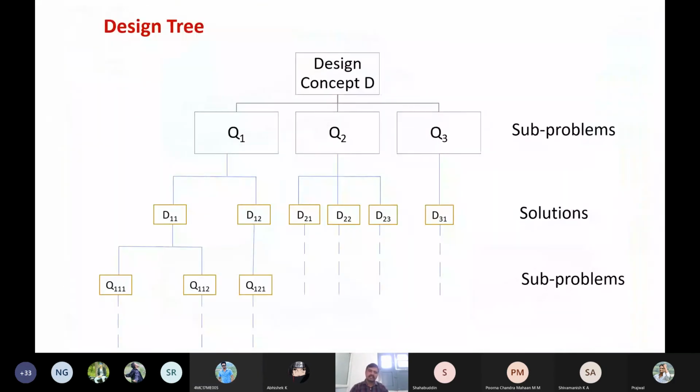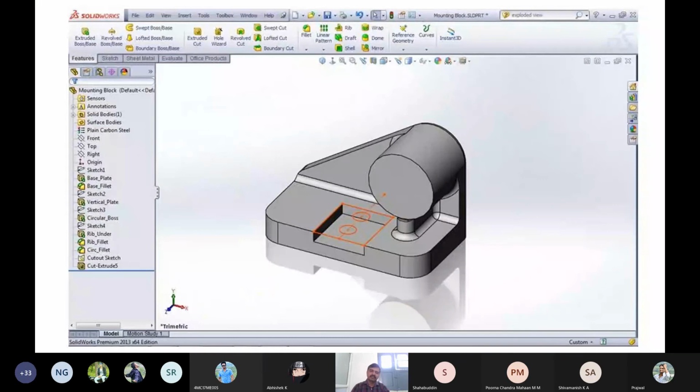So next, in SolidWorks, you have already designed components and then you did assembly using SolidWorks in 5th semester. In SolidWorks also you can see the application of design tree. On the left hand side you can see this window when you go on creating a model by using various sketch and feature commands.